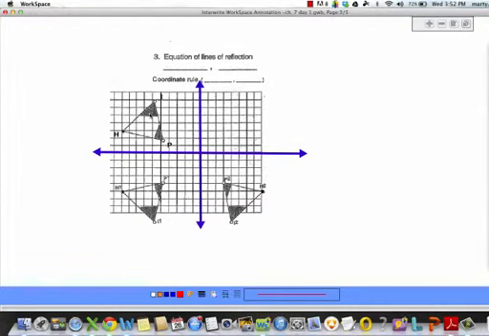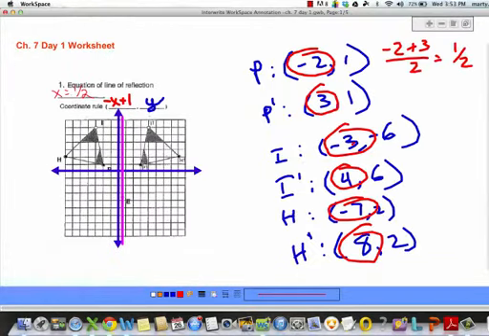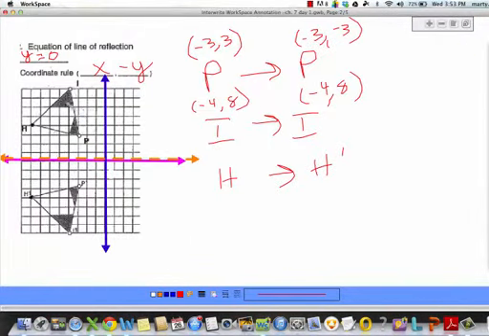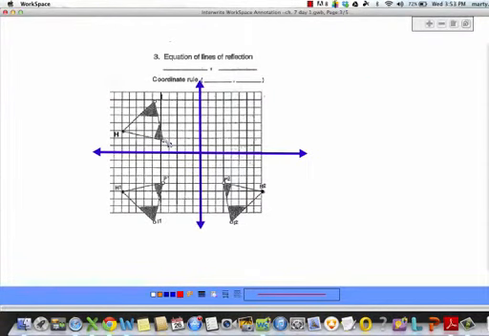So if this is my first step, and then this is my second step, if we look back to what we did on the previous two slides, notice when we flip left to right, we're dealing with the x coordinate, and when we flip from up to down, we're dealing with the y coordinate. So let's just focus on the y coordinates here. These are pretty close, not exact.